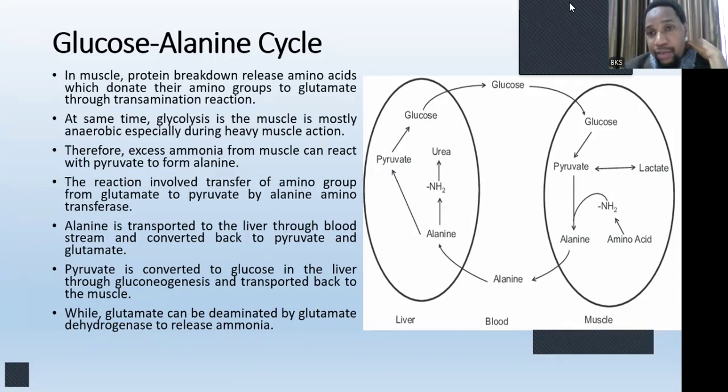So alanine can be transported. We know alanine is an amino acid. Alanine can serve as a vehicle for the transportation of ammonium from muscles into the blood and then into the liver.